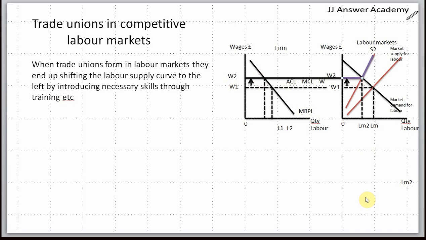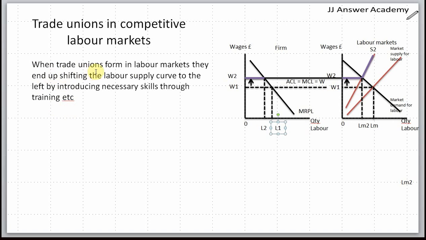So the minimum they are paying is W2, and if they want to employ any more workers after L2, they'll have to pay higher wages, because the supply curve has shifted from S1 to S2, and to bring more workers into the market, they will be paid higher wages.